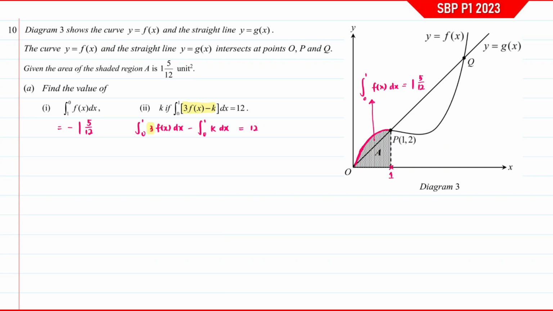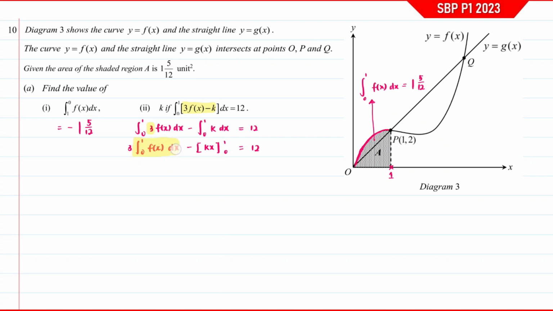So for this part, we're going to move the 3 to the front. It will be 3 times the integral from 1 to 0 of f(x) with respect to x, minus, as k is a constant, when we integrate it, we're going to get kx. And this is equal to 12.